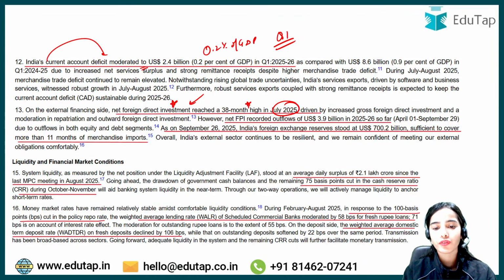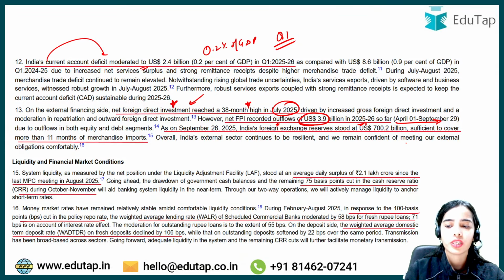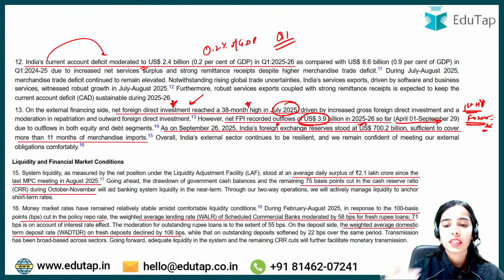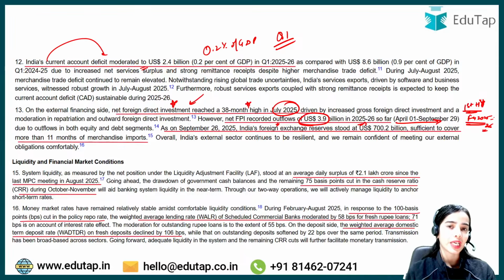Net foreign portfolio investment recorded outflows of US dollar 3.9 billion in the first half of the current financial year 2025-26. So there are more outflows happening, of US dollar 3.9 billion.